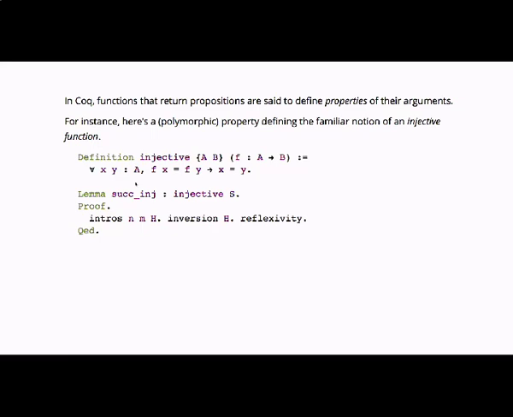So this gives rise to a set of propositions that are true and classically provable and not constructively provable.